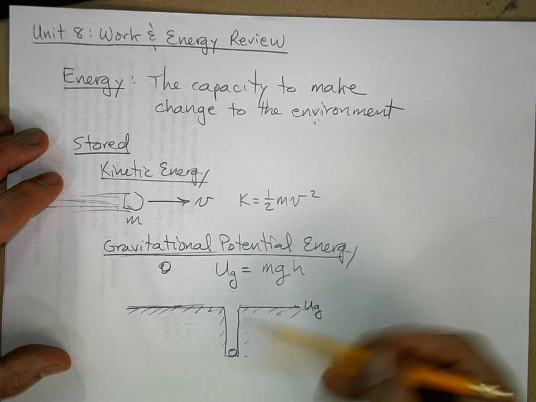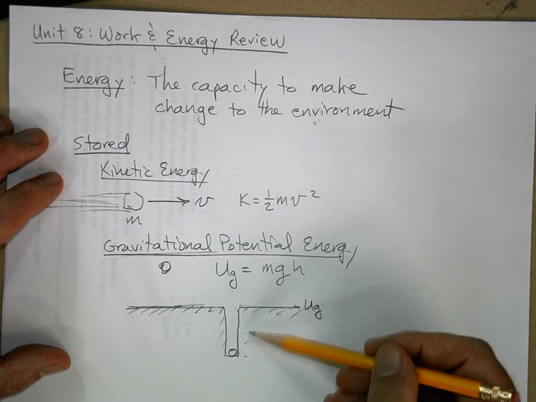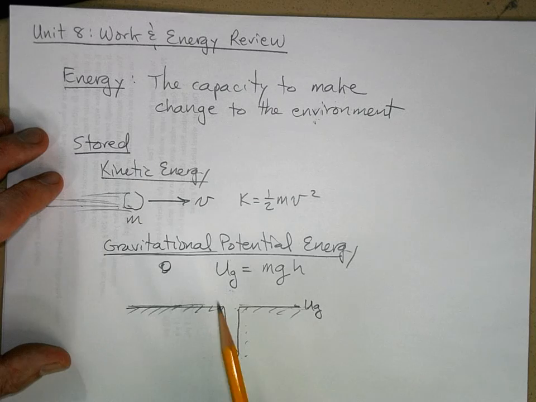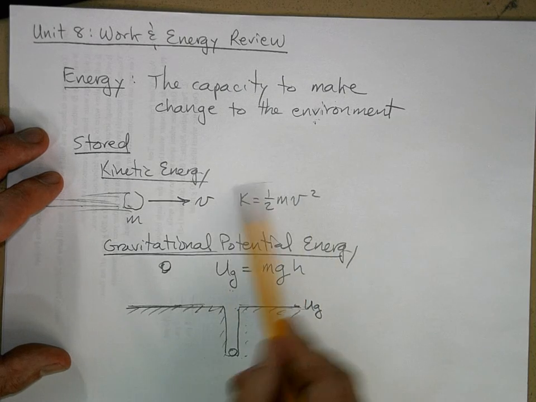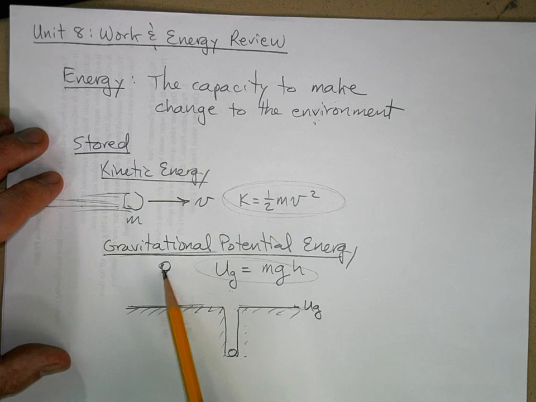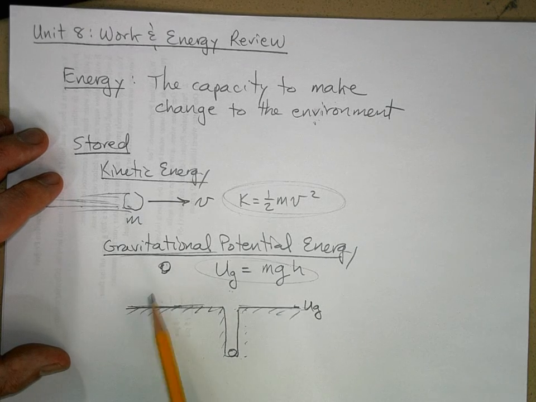The force is down, the displacement's up, so the work done is negative. So unlike kinetic energy, which is always positive, gravitational potential energy, if you're above the ground or above your reference, it's positive. If you're below, it's negative. Make sense? Sort of? Kind of?